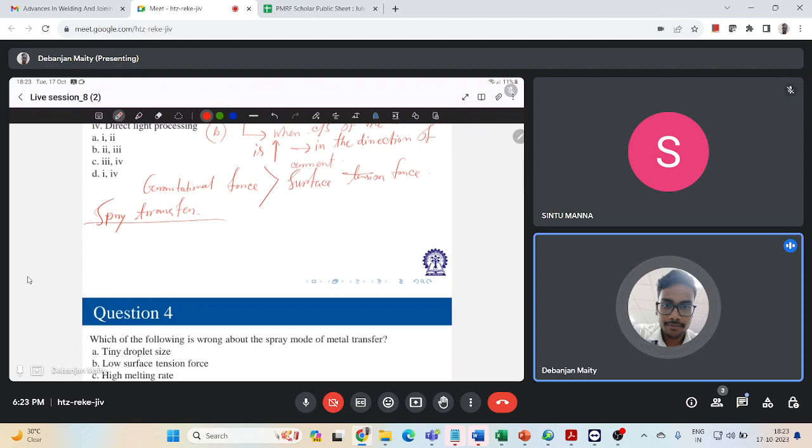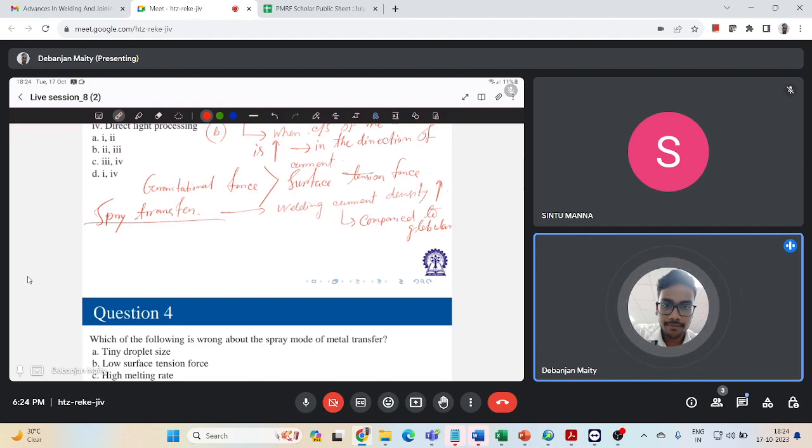Here, your welding current density will be higher compared to globular transfer, and your high weld current density will result in a high melting rate, and because of the high melting rate, the droplets are formed rapidly, and they can also be pinched off quickly by the high pinch force.